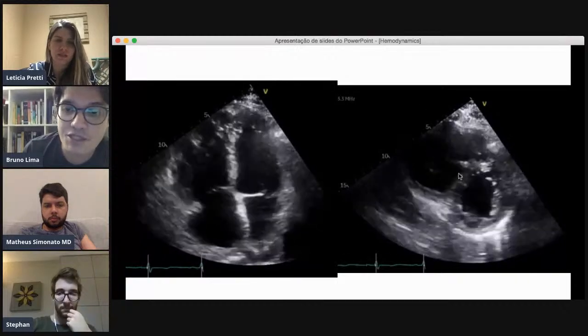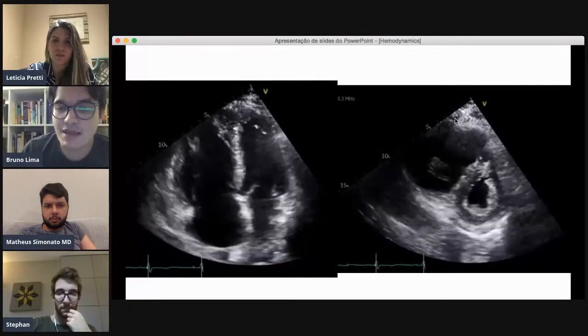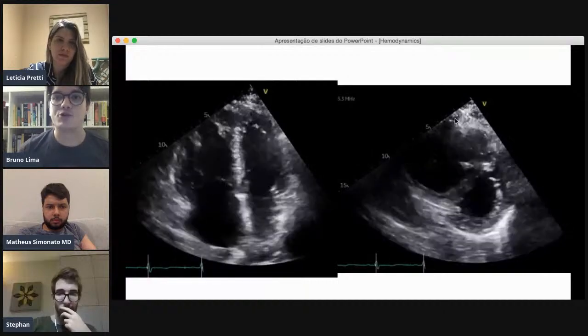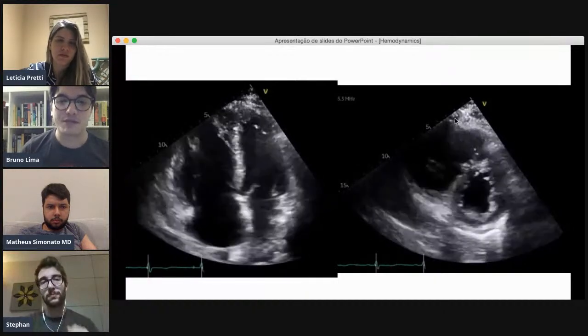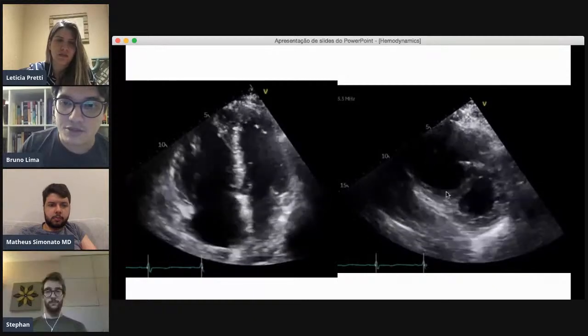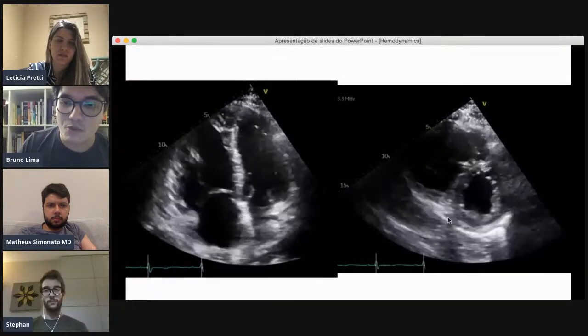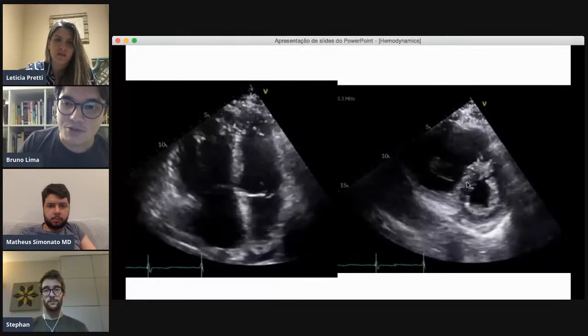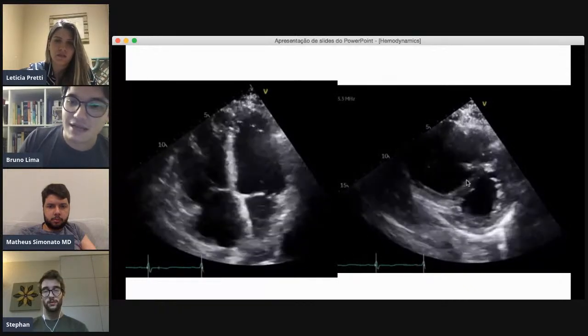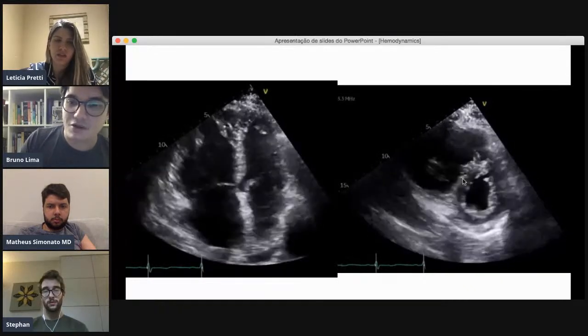And after the patient takes a deep breath, remember that your IVC, or inferior vena cava, is like a straw. So if you take a deep breath, there's negative pressure inside your chest, and you're going to get more preload to the right side. With more preload, the septum will bulge to the left, and it's going to decrease the left ventricle size and the cardiac output.